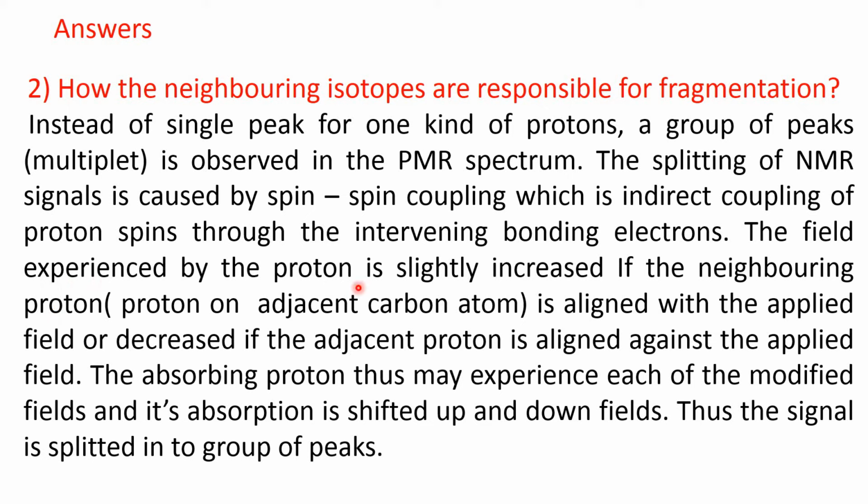The field experienced by the proton is slightly increased if the neighboring proton, that is the proton on the adjacent carbon atom, is aligned with the applied field, or decreased if the adjacent proton is aligned against the applied field. The absorbing proton thus may experience each of the modified fields and its absorption is shifted up and down field. Thus, the signal is split into a group of peaks.